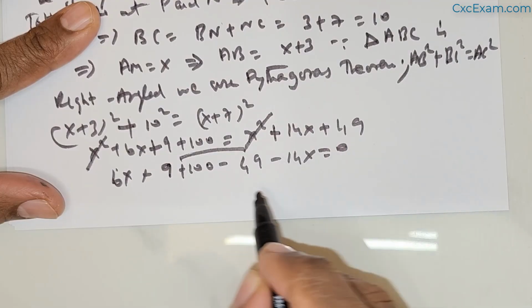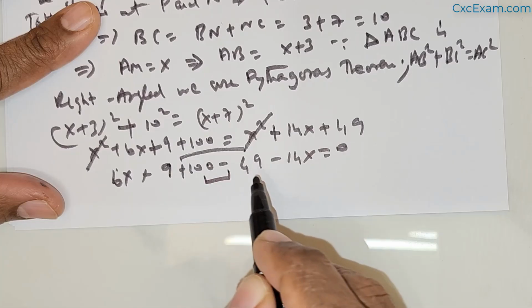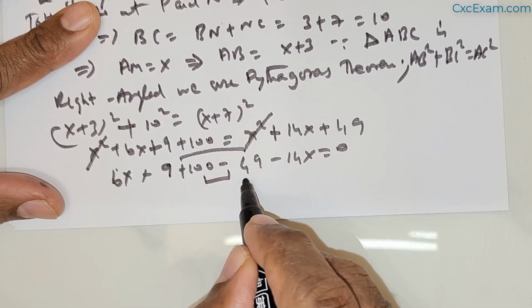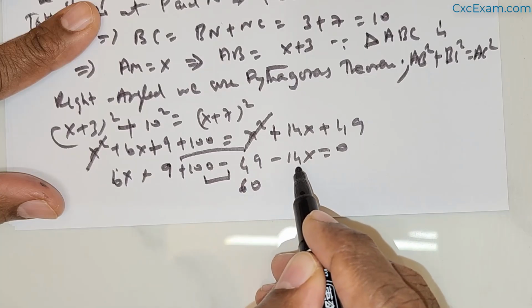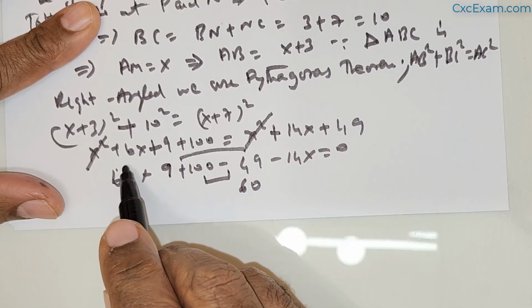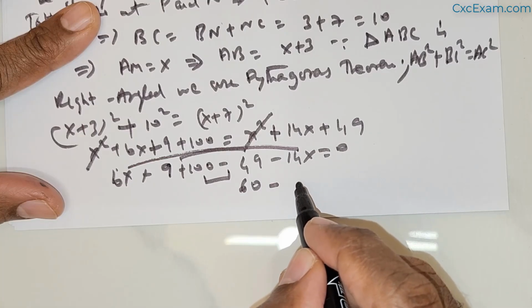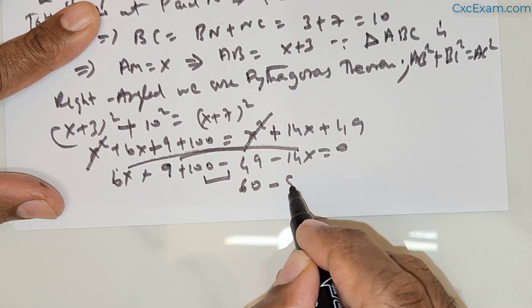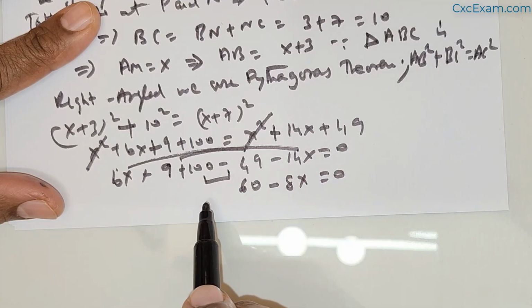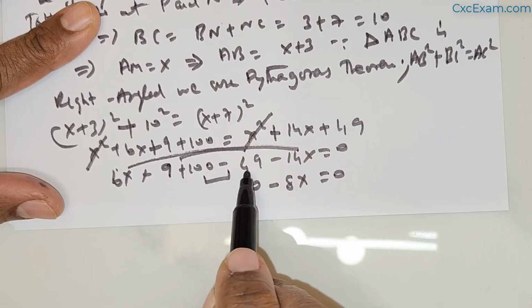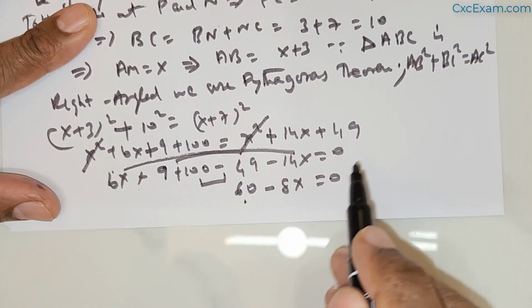Of course this is equal to 0. So that means I get negative 40. I add it with 100, I get 60. And I already have 6x with negative 14x. That is going to give me negative 8x. So negative 8x is equal to 0, right? So just to recheck, negative 40, positive 60, negative 8x.